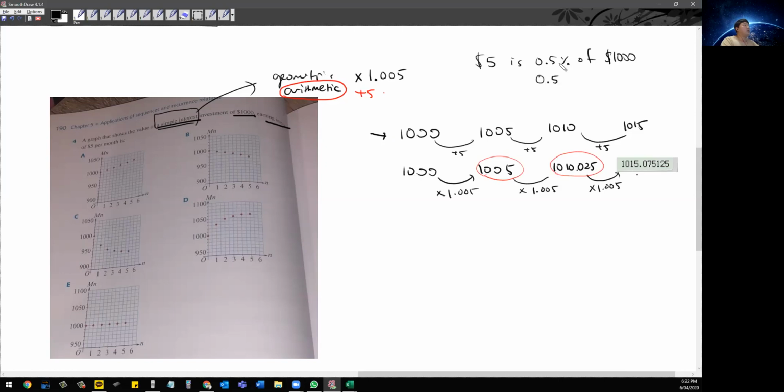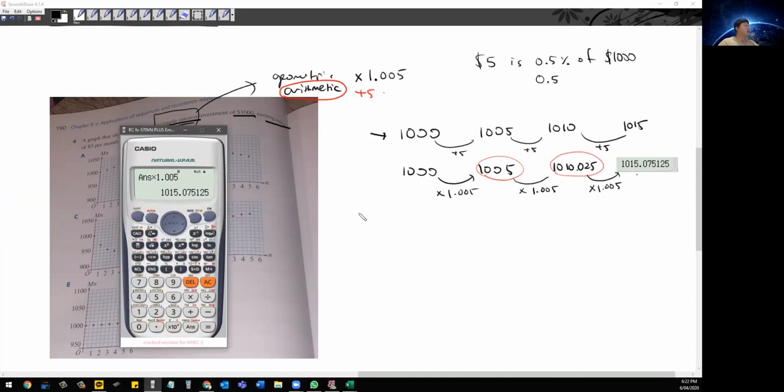You see that 0.5% of $1,000 is $5, right? So how do we do that? All you need to do is 1,000 times 0.5 divided by 100. That's how you convert percent into decimals.